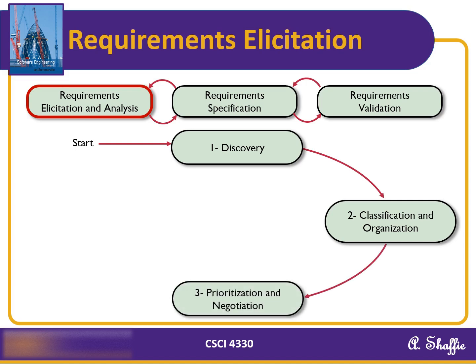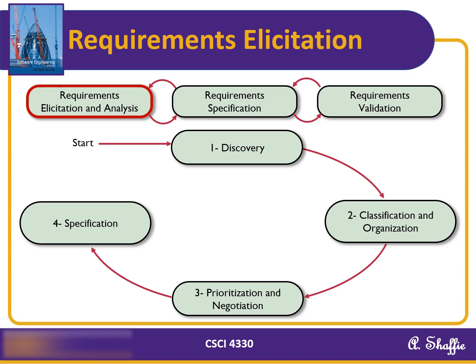Then we'll have requirements prioritization and negotiation, which involves resolving conflicting requirements among stakeholders through negotiation and ranking them in terms of importance. And then we will have requirements specification, which involves recording the agreed upon requirements for future reference.